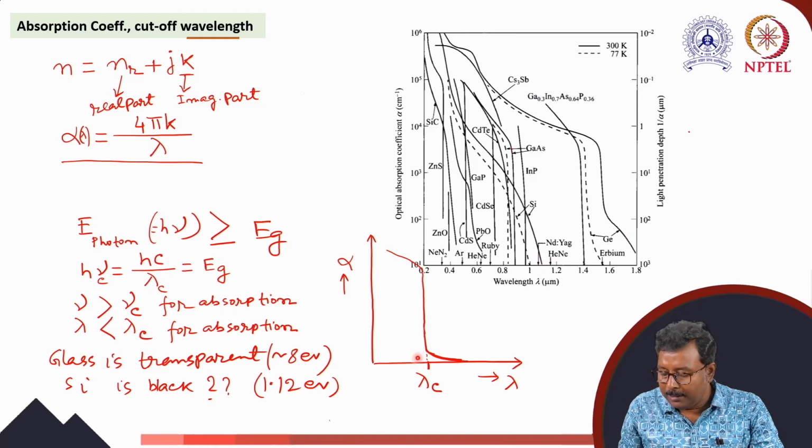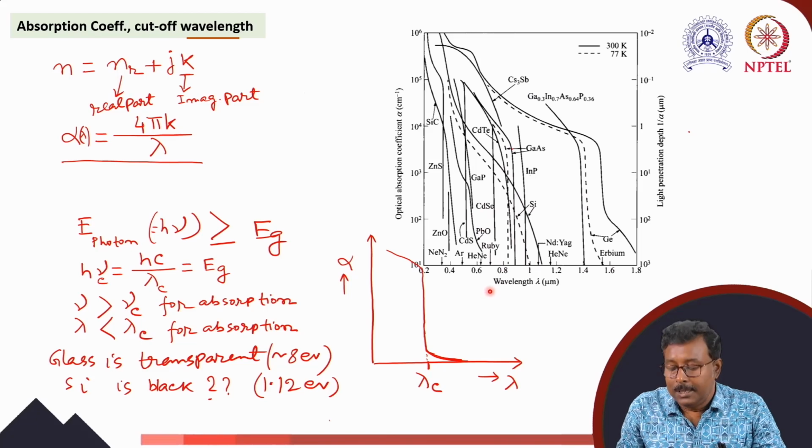Below this wavelength, the nature of alpha will vary from material to material, and that will depend on some other parameters, effects or factors. But the nature that there is a very sharp decrement at this lambda c is valid, and is followed for all the graphs. There are two graphs drawn, one with a solid line, another with a dash line.